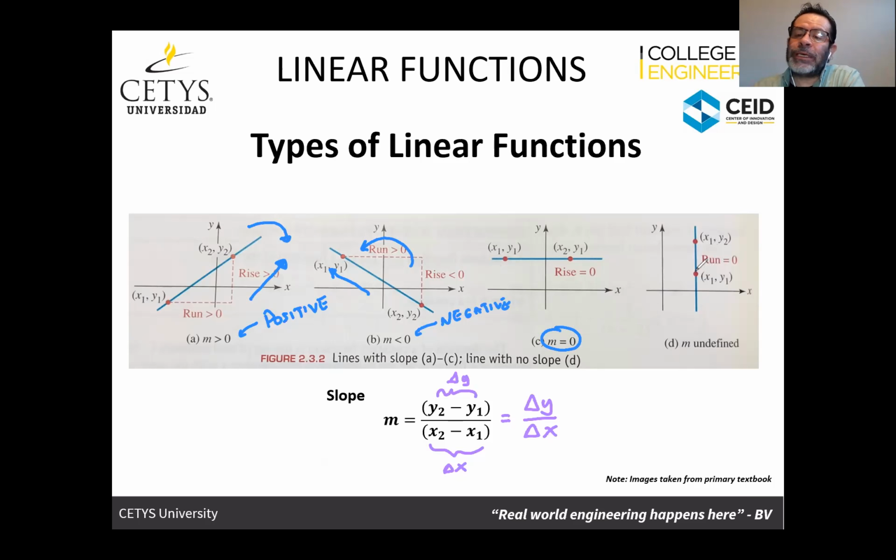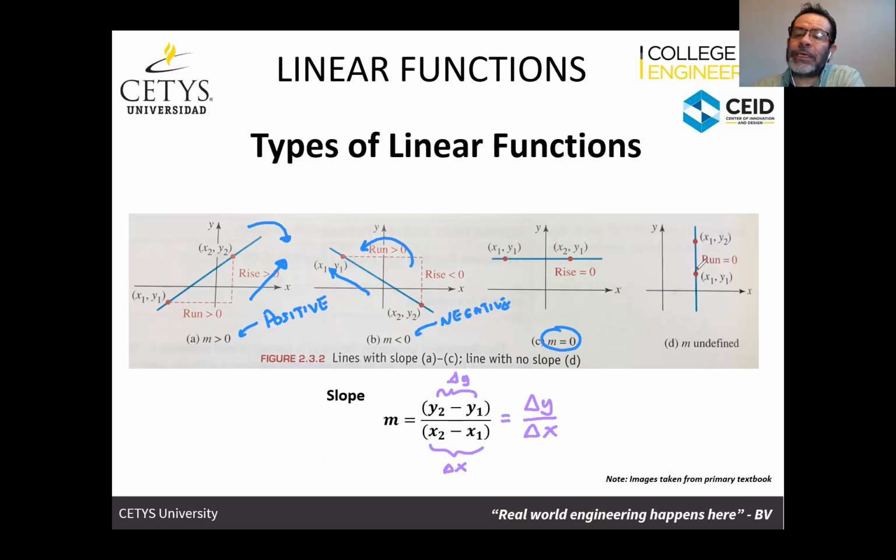That's because in this case, delta y, or the increment in y, is 0, and the increment in x can be whatever. And so 0 divided by a, this is going to be 0.